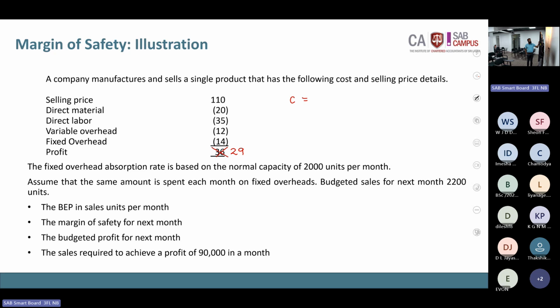Calculation here: selling price 110, minus direct material, which is variable cost, direct labor, variable overhead, 20.